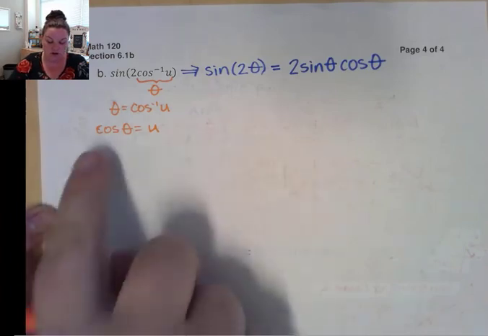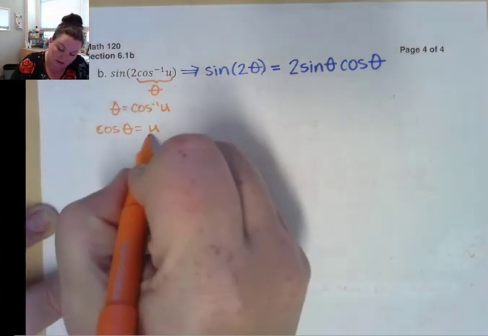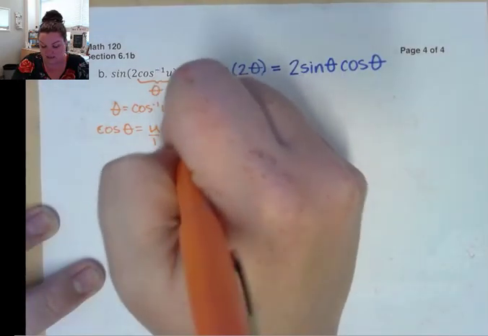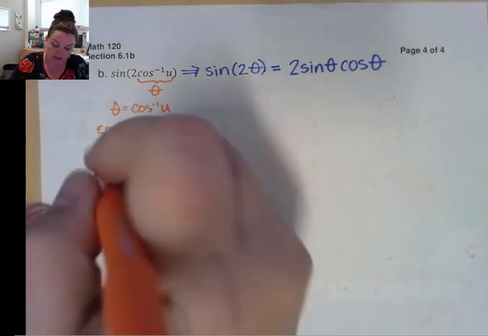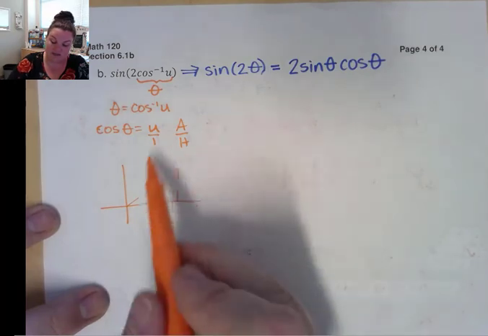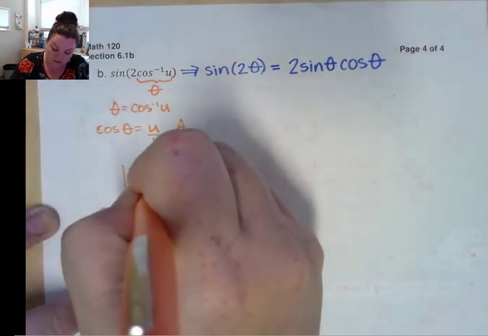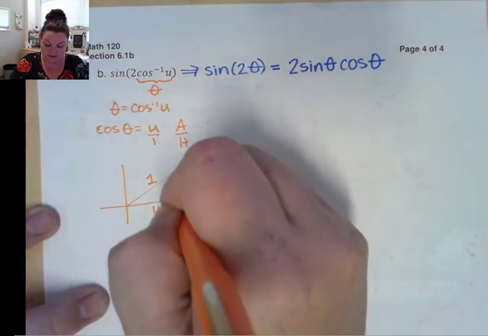So we know that cosine of theta is just u. And I'm going to write that as u over 1, because we know that cosine is adjacent over hypotenuse, and that will help me to label my triangle. So if I want to make my reference triangle, we know that the adjacent side is u, and the hypotenuse is 1.